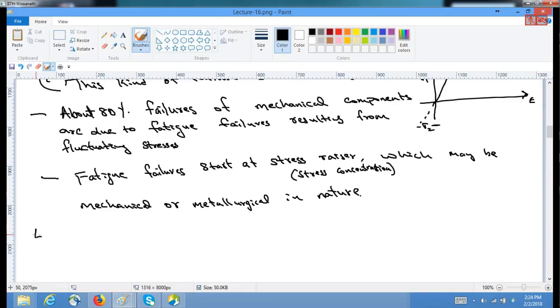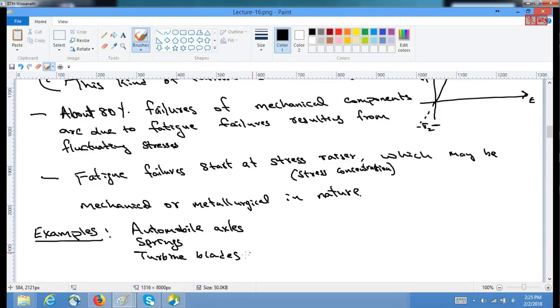The examples are automobile axles, springs, turbine blades, airplane wings, gears, rail wheels, bridges, etc.